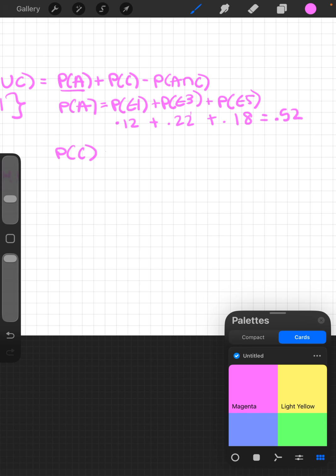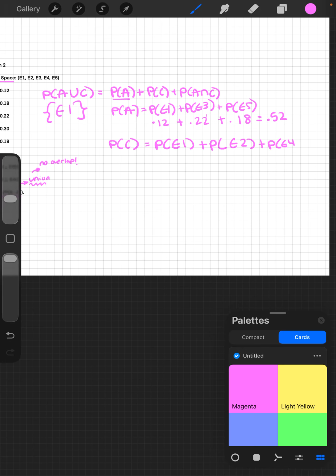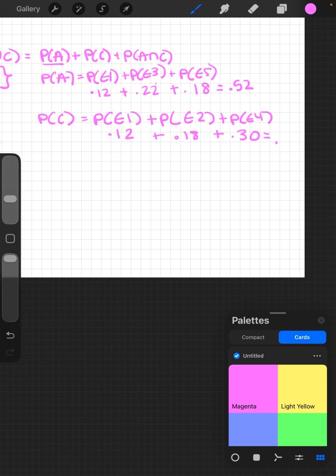P of C will be P of E1 plus P of E2 plus P of E4. It's a little confusing, but I'm going to explain it after I write this all down. 0.30, and this is equal to 0.60.